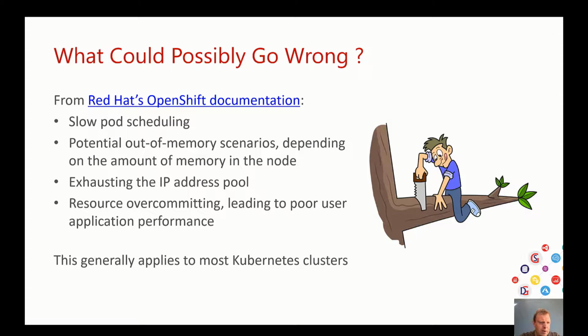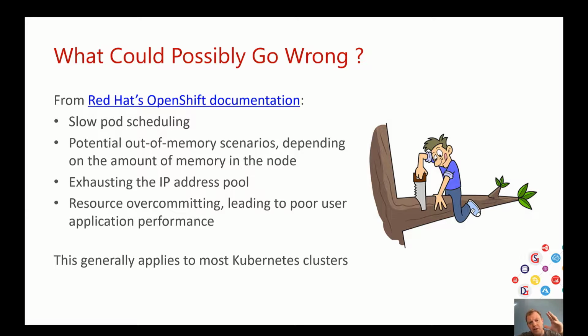So what they're saying is that if you have too many pods running on a worker or a compute plane node, this can result in slow pod scheduling, out of memory scenarios, exhausting the IP address pool, resource overcommitting leading to poor user application performance.